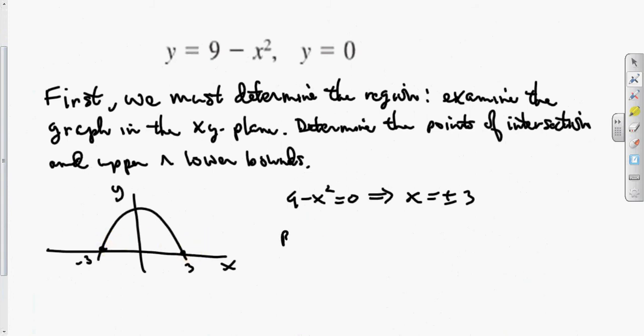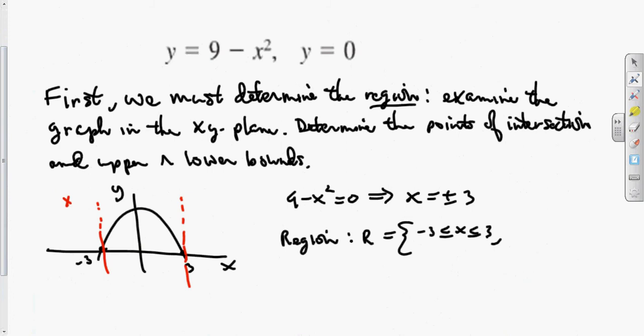So here we're looking for our region. So determine this region. We call it R. So R is equal to -3 less than or equal to x less than or equal to 3. And then y is bounded below. So look, here's what's happening. Here are those vertical lines. I'm setting this up as vertically simple. I have a vertical line here. I have a vertical line there. x equal to -3, x equal to 3.